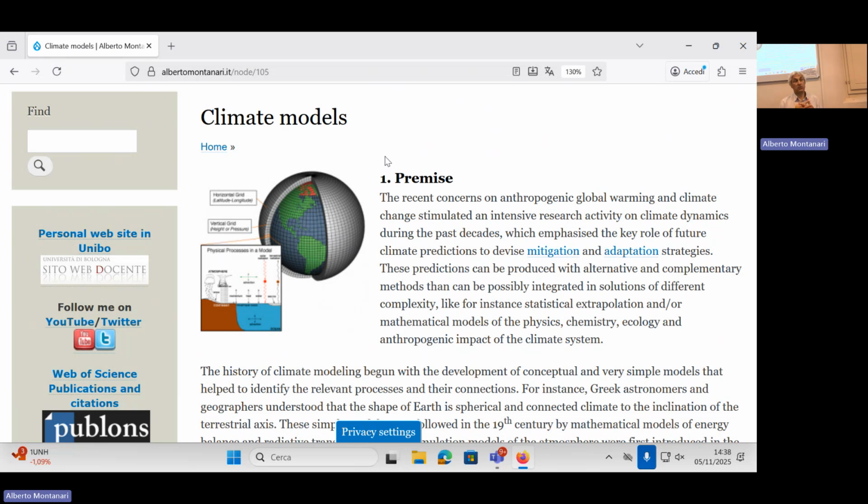So with the progress of time, we evolved from so-called coarse resolutions, and a coarse resolution is, for instance, a grid over the land surface of 50 by 50 kilometers, which means 2,500 square kilometers. And now we are moving to finer resolutions.